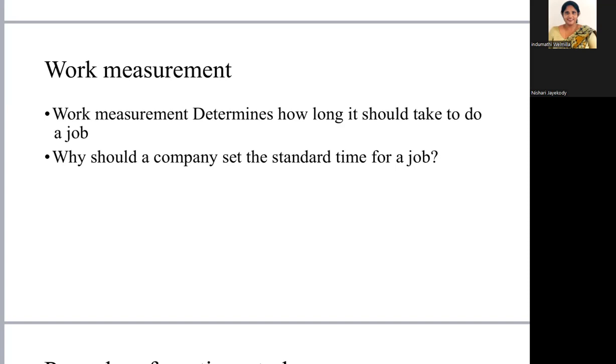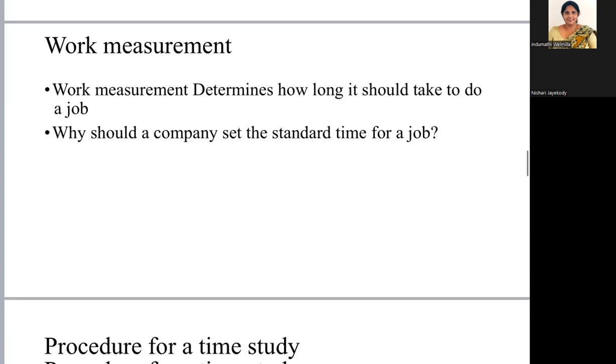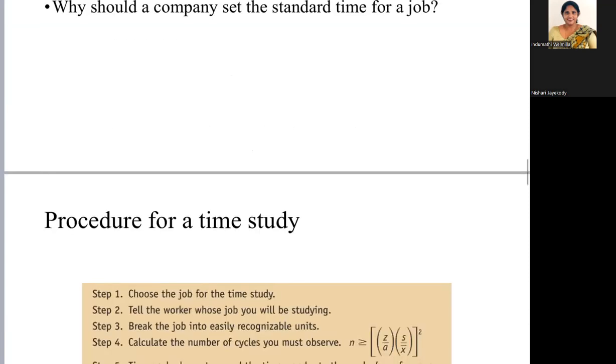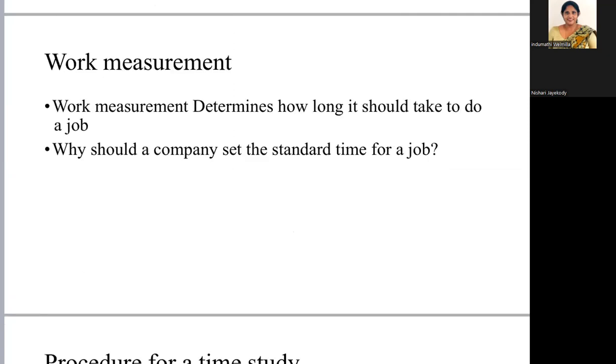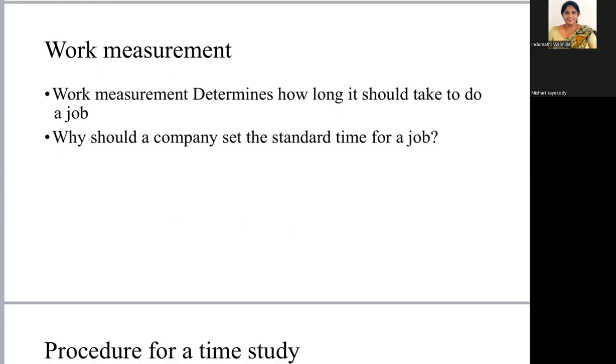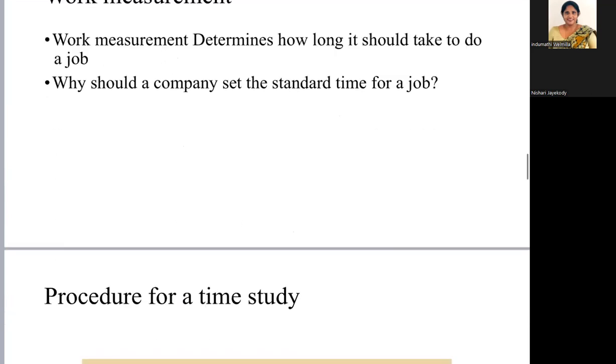He is the founder of that one. Next is how to do a time study. So we know now what the time study is, and this is how we can do it.